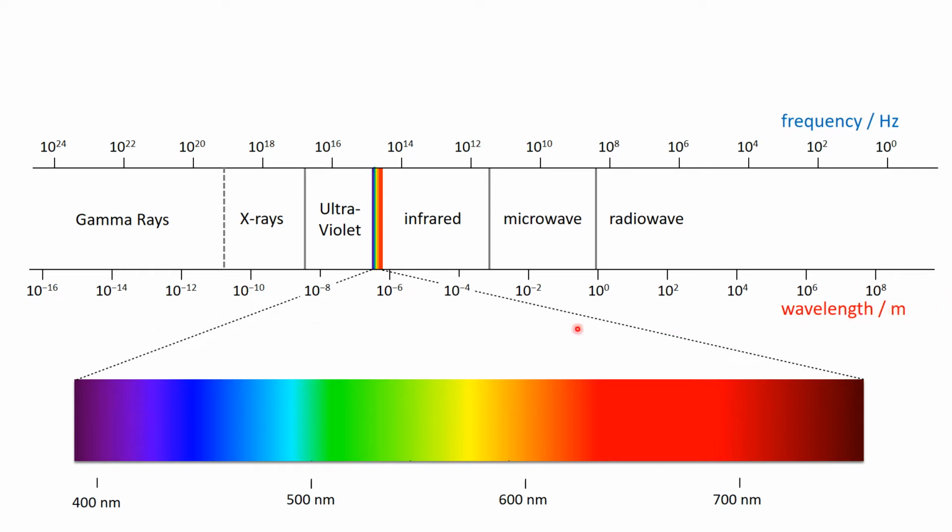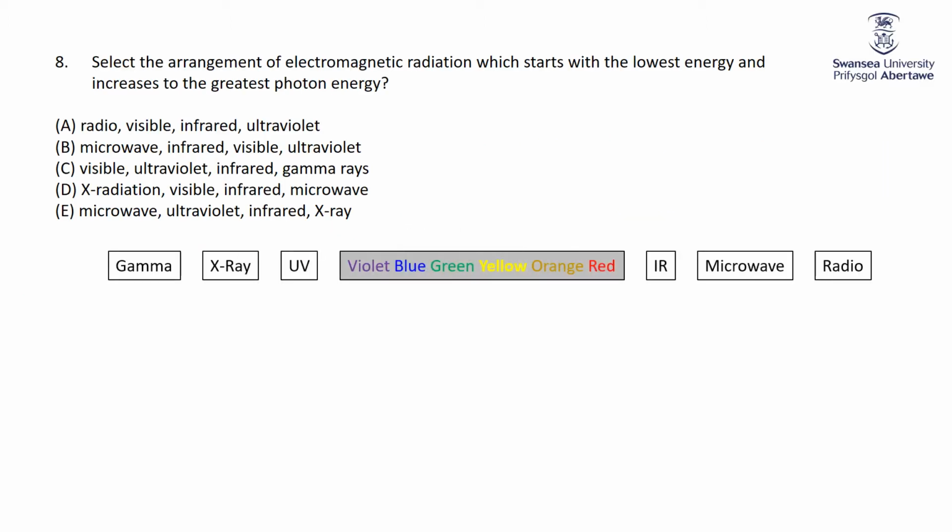As we go in this direction, you'll see we're going from 10 to the 8 down to 10 to the minus 16. So wavelength decreases as we go in this way. Radio waves have the longest wavelength, and red has the longest wavelength of the visible spectrum. Let's pull out and summarize the important bits.